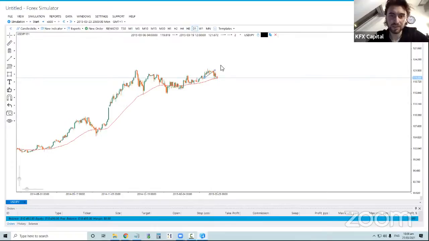I can see the daily's kind of been respected there, so that could potentially be a buy setup. So stick another trend line on, potentially like that.